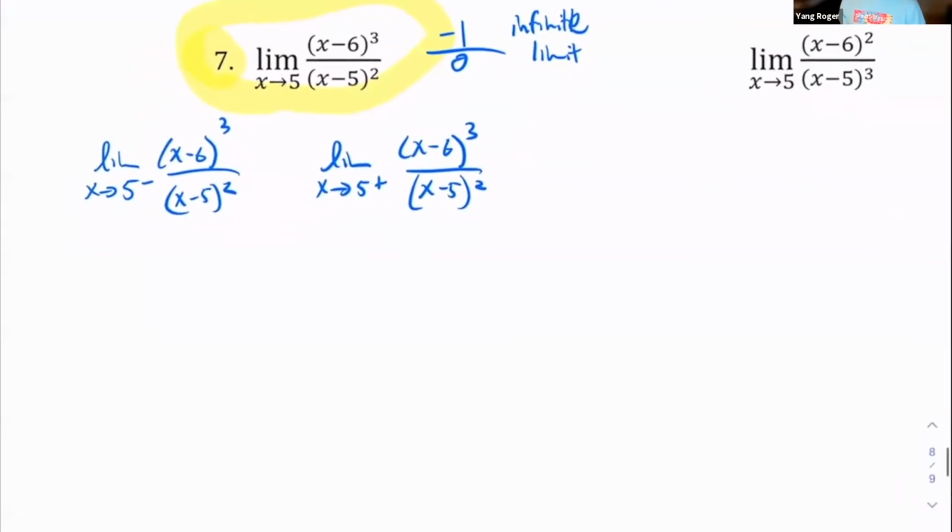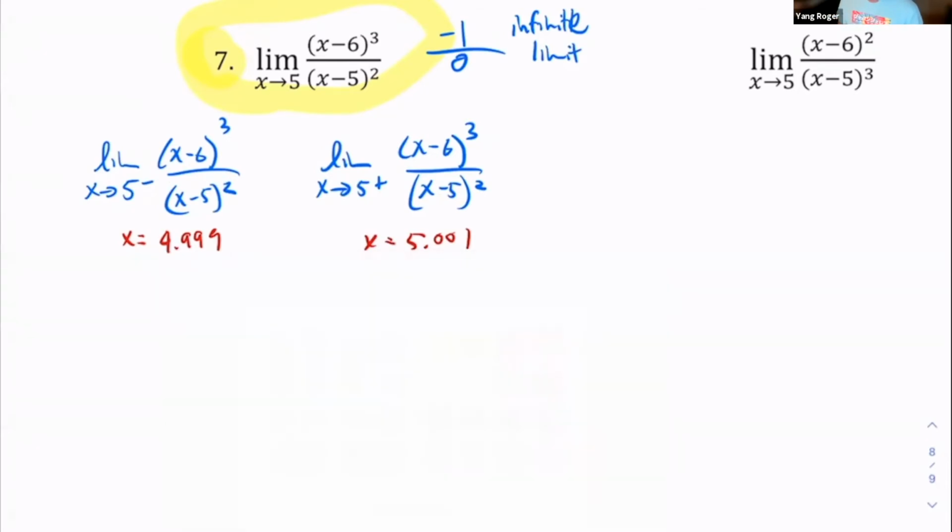When I'm looking at this left guy, I'm plugging in numbers like x equal to 4.999. When I come to this right side, I'm plugging in numbers like x equal to 5.001. Just in your head, you're imagining that to figure out what the sign is going to be.